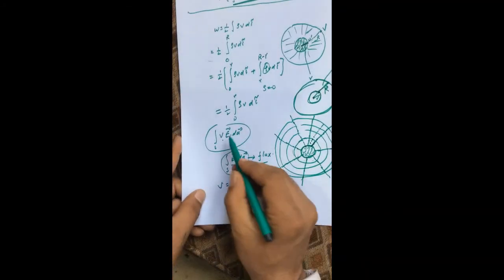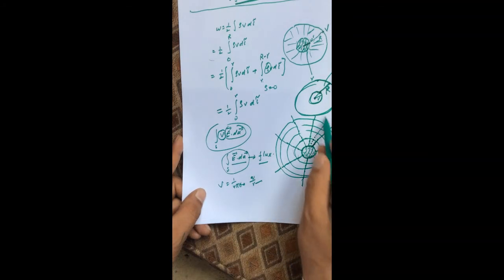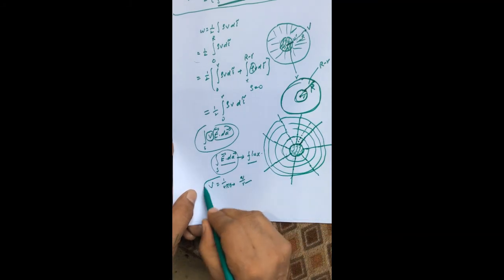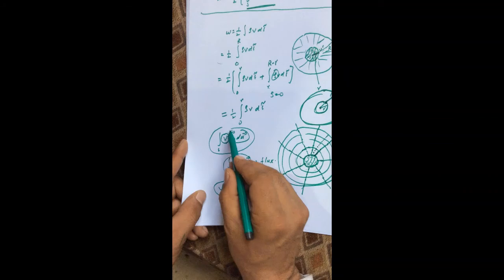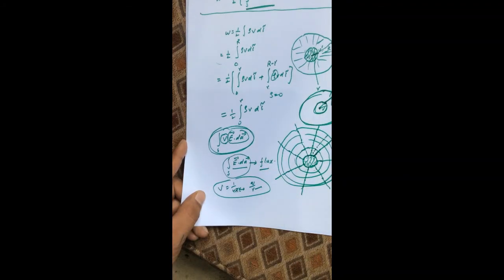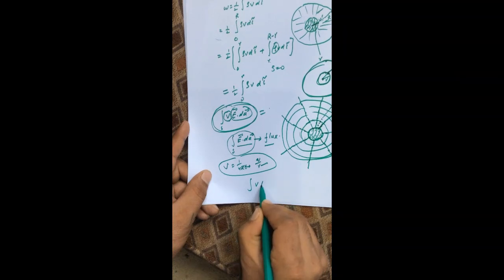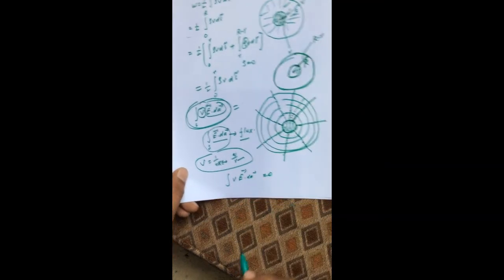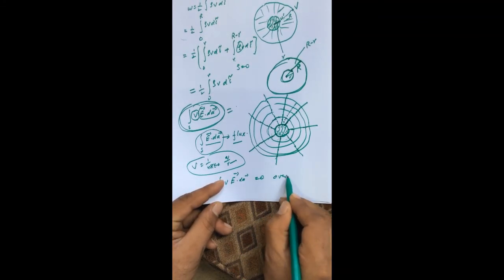So the flux term is constant everywhere while the potential is decreasing. If I go to a bigger volume with radius infinity, then this term automatically becomes 0, and so the whole integral becomes 0. So the integral of V E dot dA is equal to 0 when considering overall space.